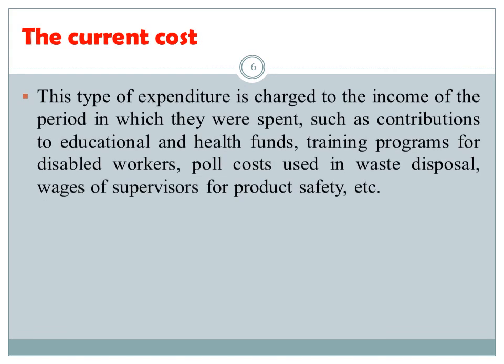The current costs: this type of expenditure is charged to the income of the period in which they were spent, such as contributions to educational and health funds, training programs for disabled workers, all costs used in waste disposal, wages of supervisors for product safety, etc. So these expenses are charged to their fiscal year according to accrual basis.